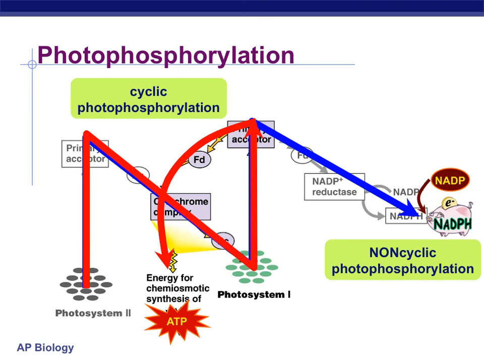So if the non-cyclic pathway were the only set of light reactions going on, there might not be sufficient ATP for the carbon fixation. So cyclic electron transport makes up for the imbalance. This pathway uses only photosystem 1 and produces ATP, but not NADPH. It's cyclic because an electron is passed from excited chlorophyll and then recycles back to the exact same chlorophyll.